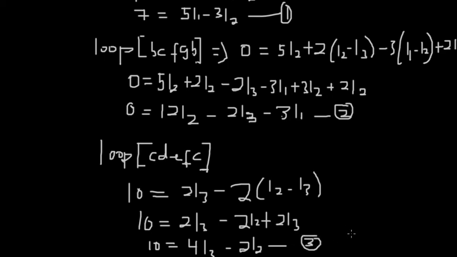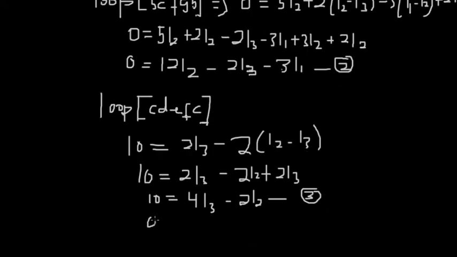Now you know our equation 1, equation 2, equation 3. You could simplify it further and then find our answer. Equation 3 is over here. Our equation 2 is 0 equals 12I2 minus 2I3 minus 3I1.